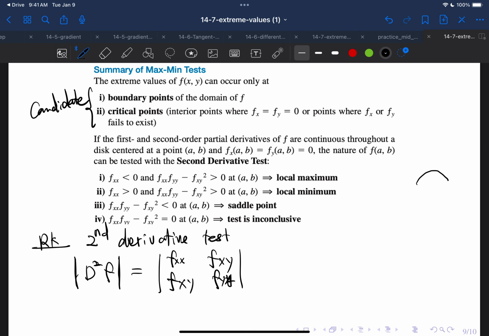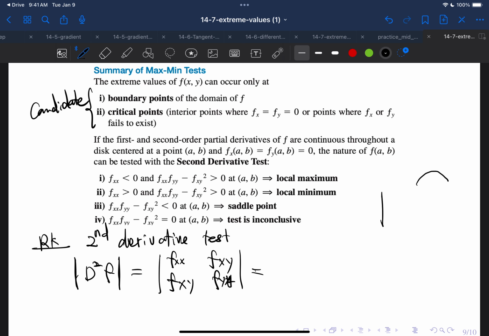If we recall linear algebra, if you have a, b, c, d, then the determinant is ad minus bc. So here we have fxx fyy minus fxy squared.